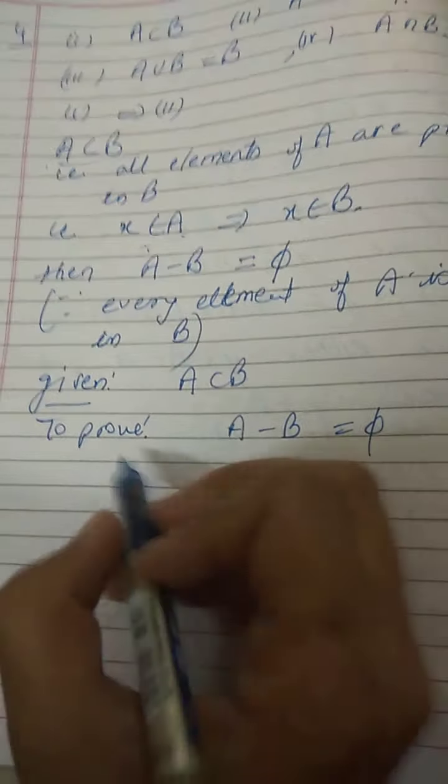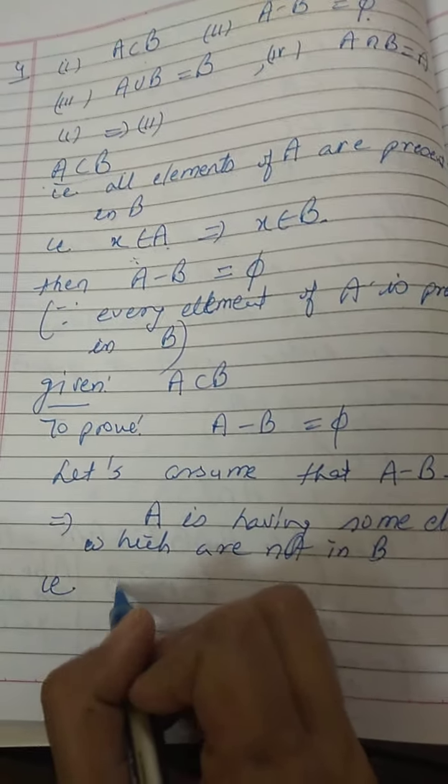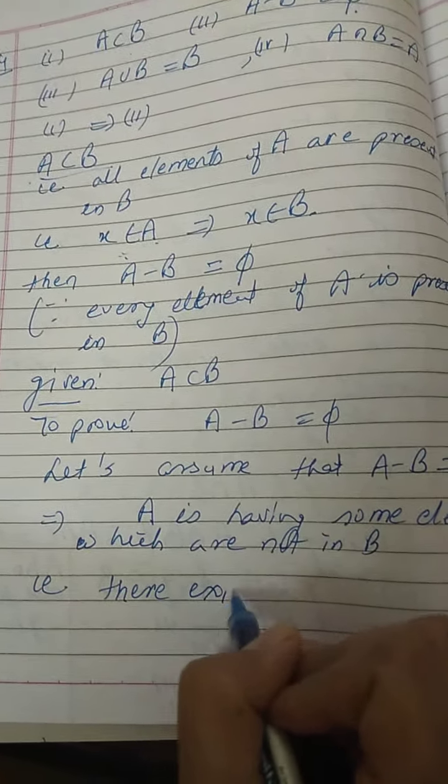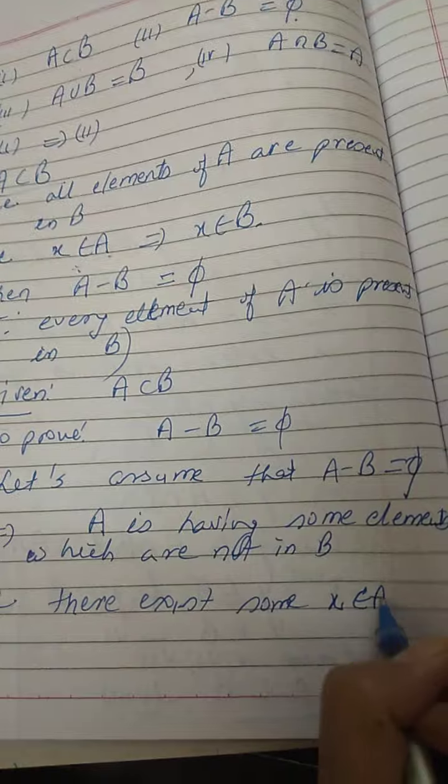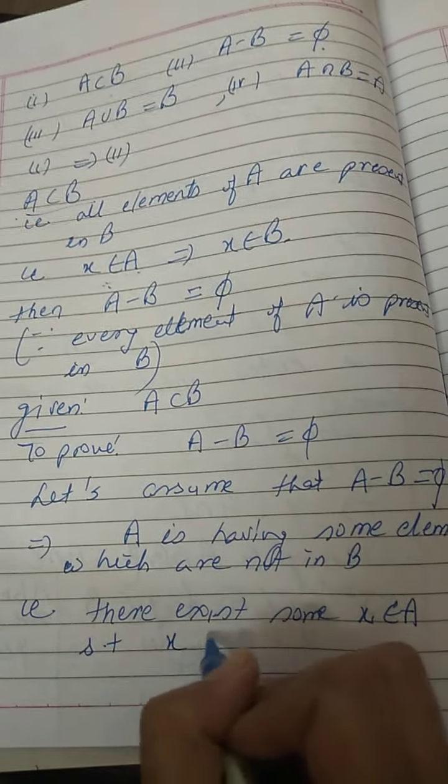If A minus B is not equal to phi, it means A is having some elements which are not in B, right? Either if you write down this way, or if you write in mathematical form, that is, there exists some x belonging to A such that x does not belong to B, right?